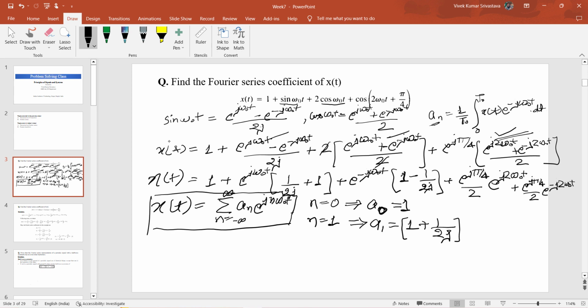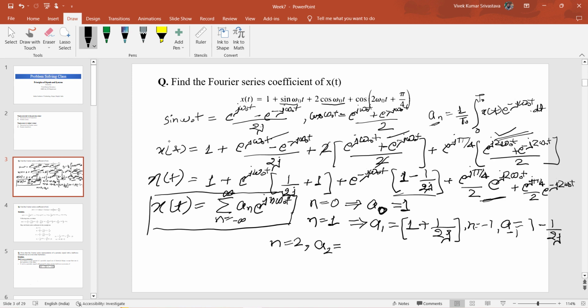Similarly, when n is equal to minus 1, then a of minus 1 will be equal to this term, that is 1 minus 1 over 2j. Now when n is equal to 2, a of 2 is represented by this term.